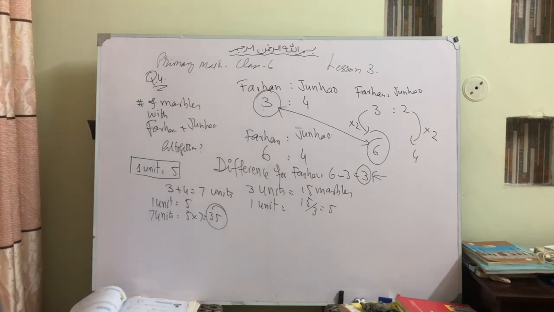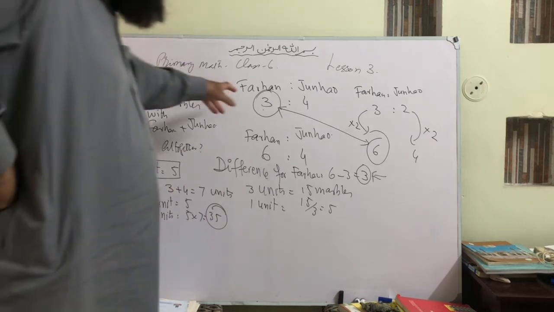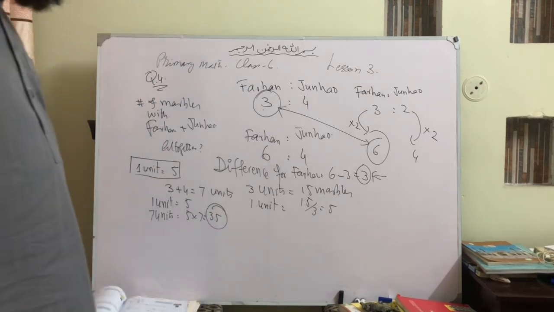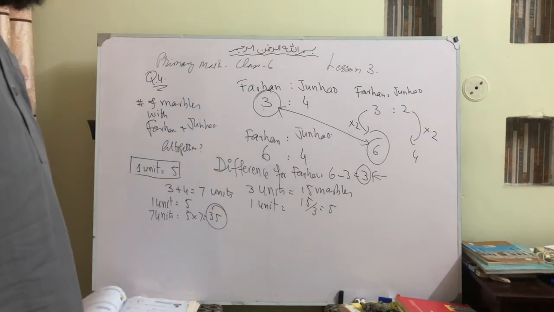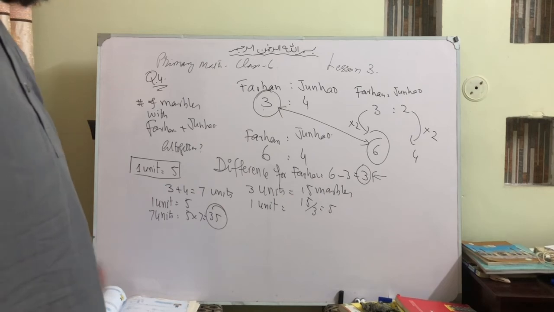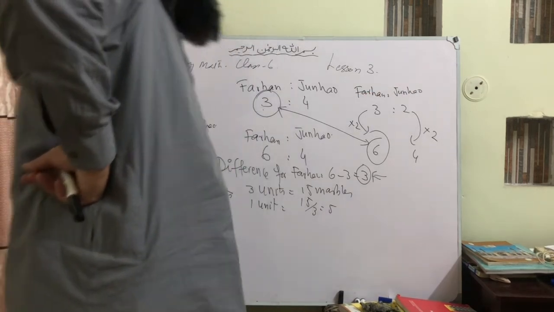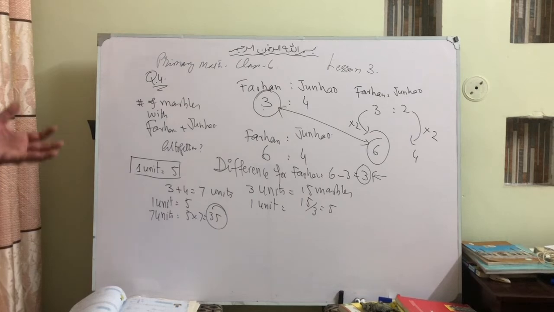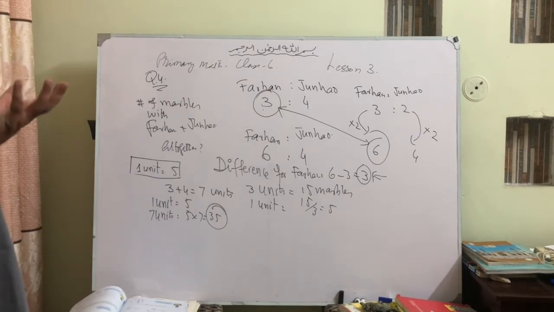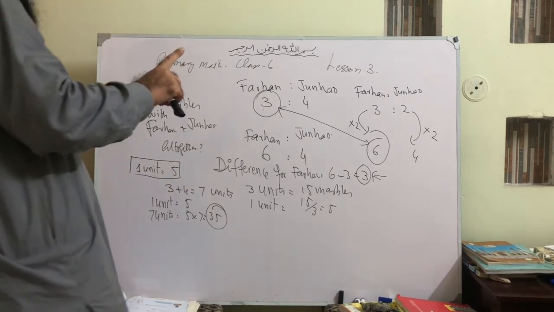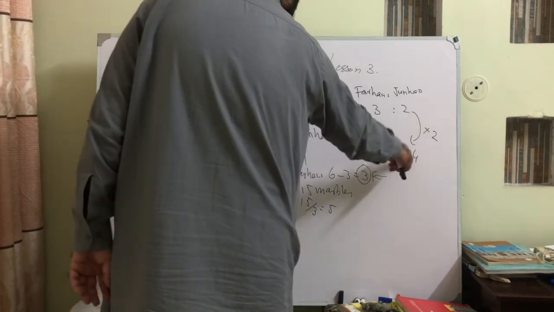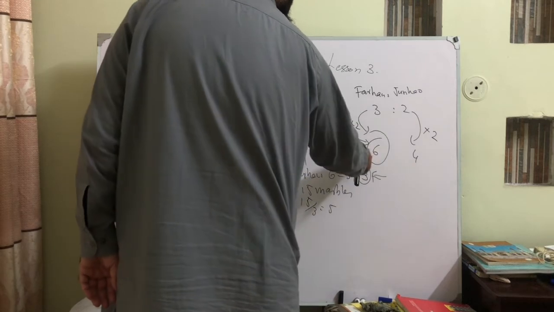So I'll repeat this. The question says that Farhan and Junhao have a 3 and 4 ratio. After that, Farhan got 15 more marbles and the ratio changed to 3:2. But Farhan is getting more marbles, while the number of marbles remains the same for Junhao. So we need to have one number for Junhao. Here it is 4, so we go for 4 here. 2 times 2 is 4, 3 times 2 is 6.